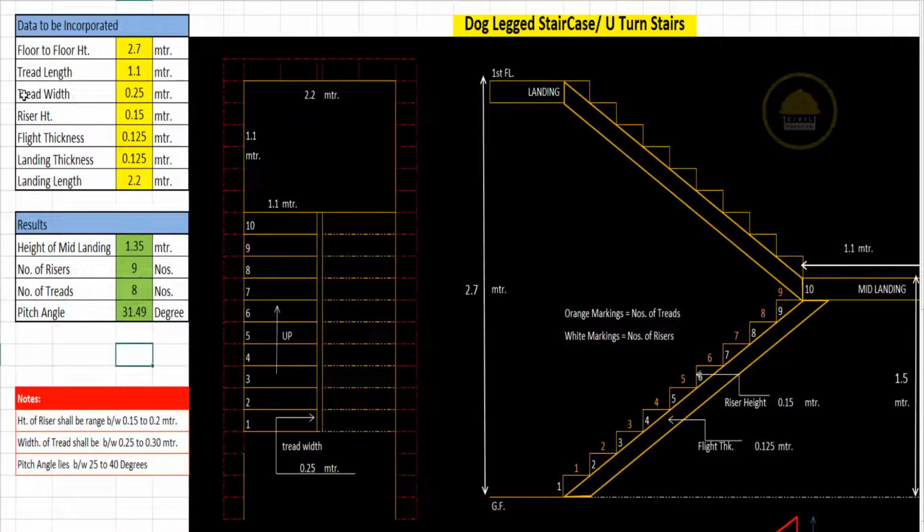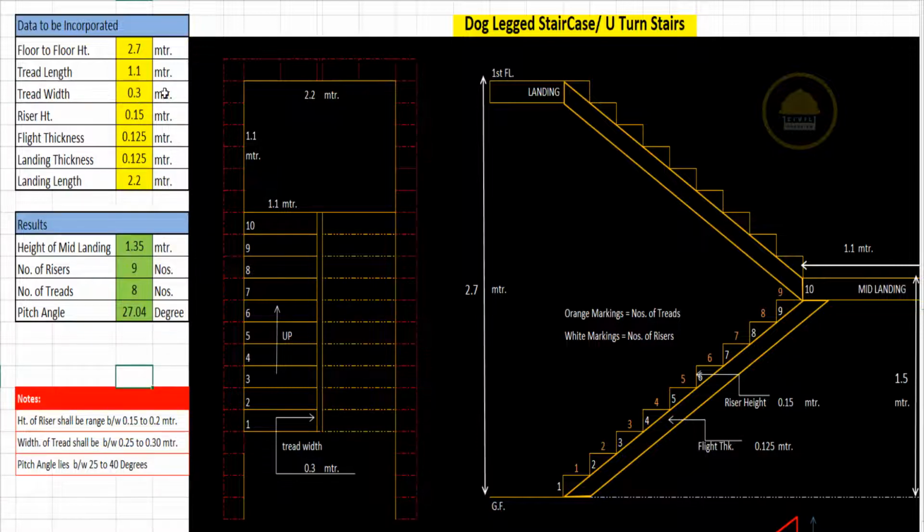Remember that the width of the tread shall always be between 0.25 to 0.3 meter. So here I am taking 0.3.